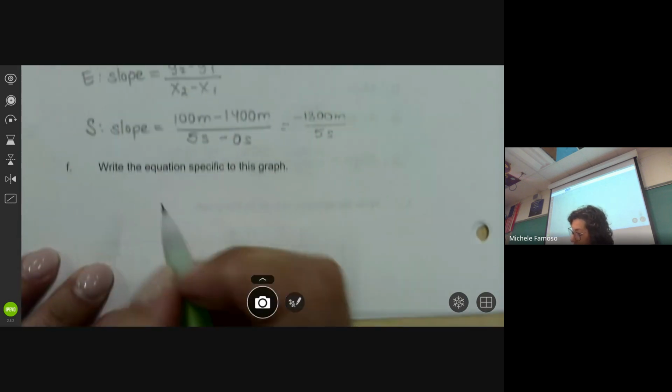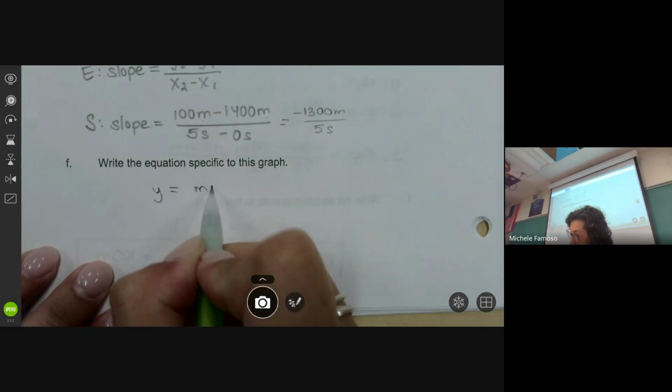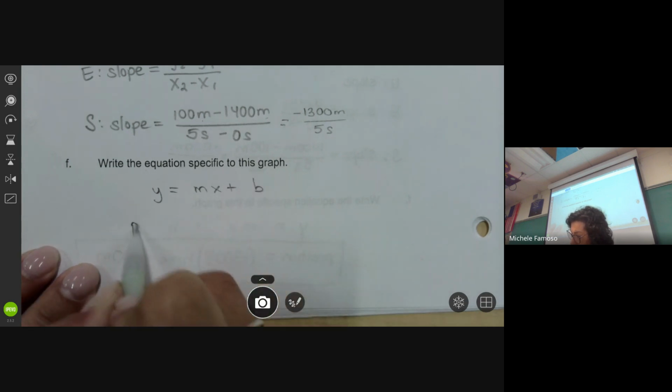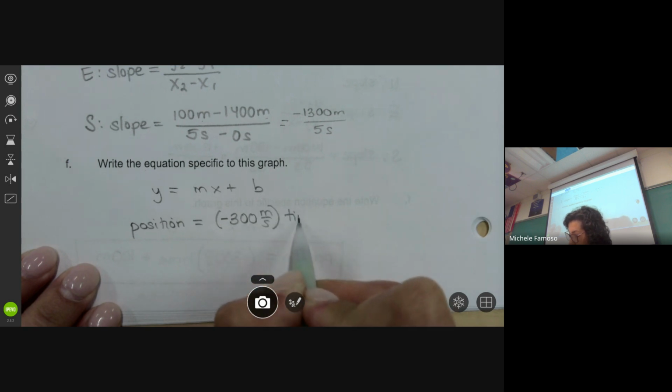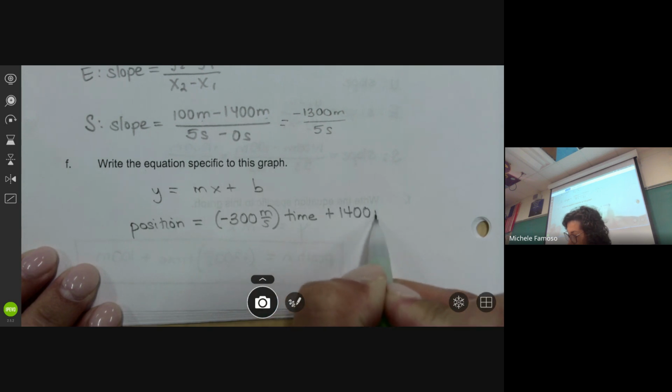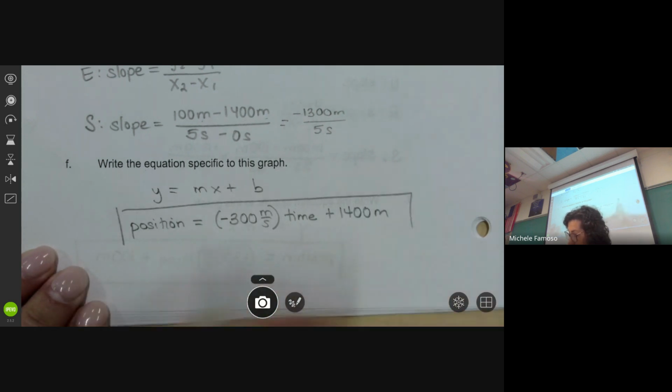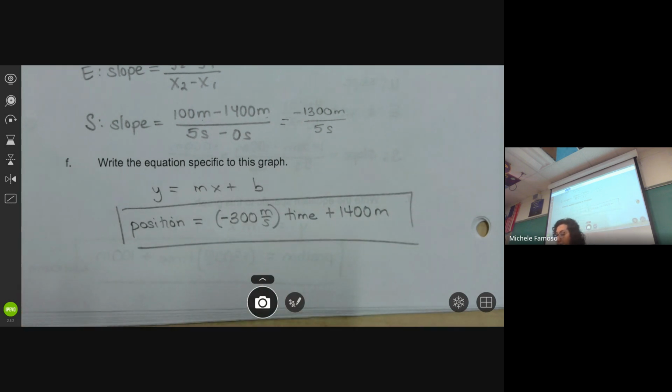So when we go to write our equation specific to this graph, again, we're going to have that position is equal to negative 300 m over s times time plus 1,400 meters for our answer.